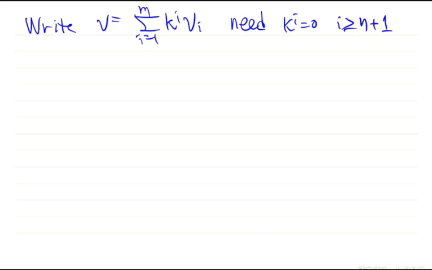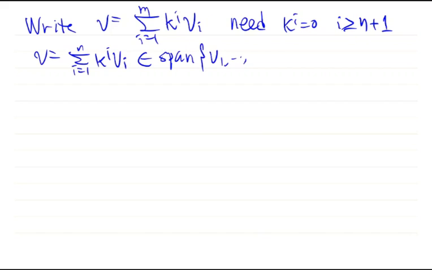Once this is proved, then V is some linear combination of V1, V2, ..., Vn, so it belongs to the span space of V1, ..., Vn as we wanted. Okay. So how to prove that all these Ki are 0? It is very easy.